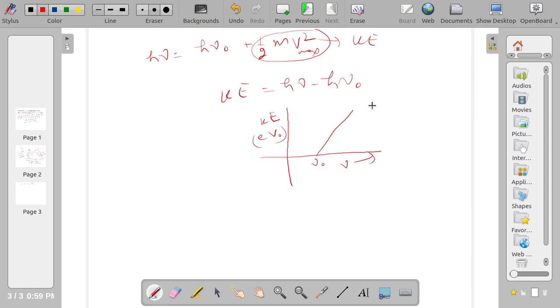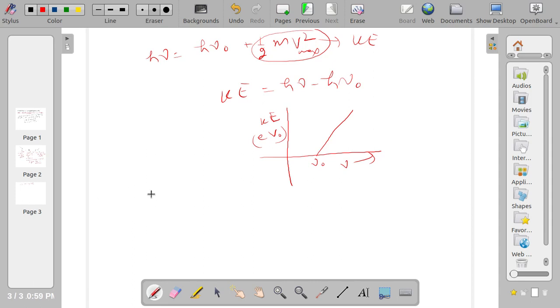And if we further increase the frequency of the incoming photon, then the maximum kinetic energy increases linearly. And this can also be explained now.